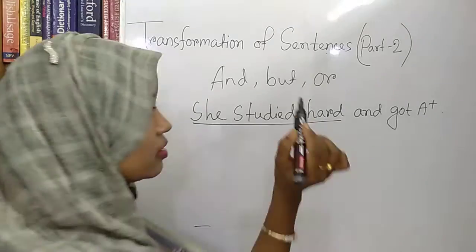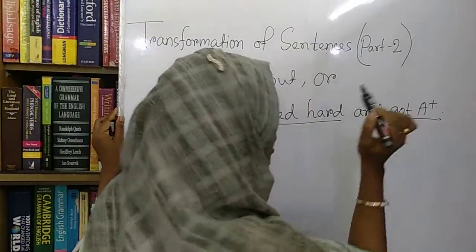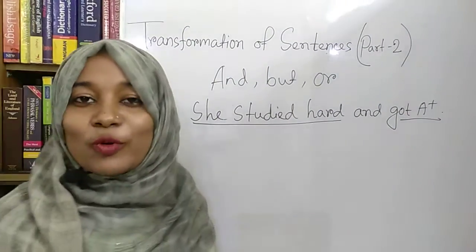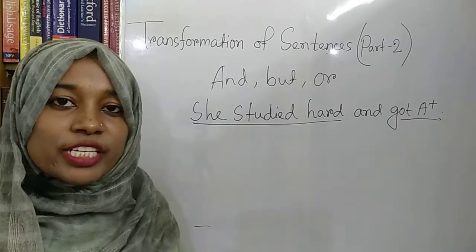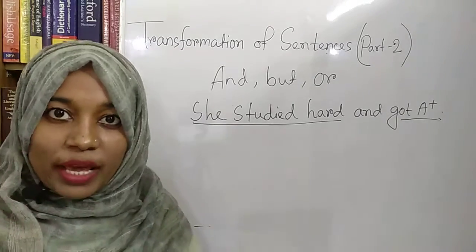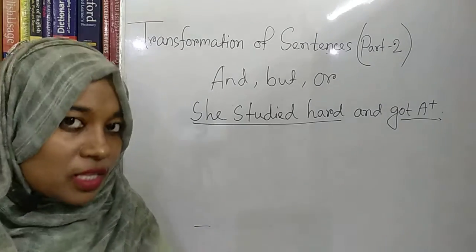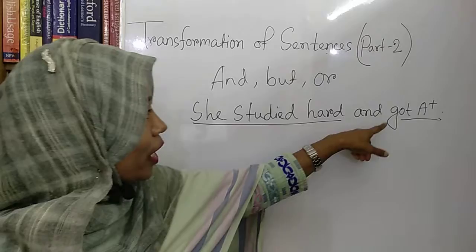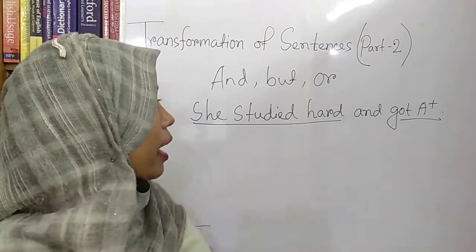She studied hard and got A plus. If anyone studies hard, she will get A plus. It is very logical and it is very expected. That's why here we have used and.